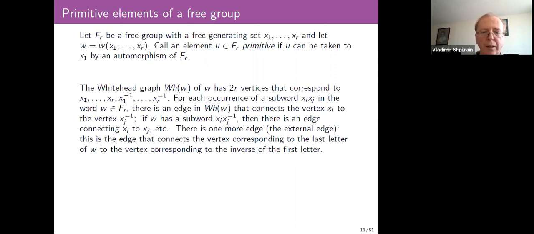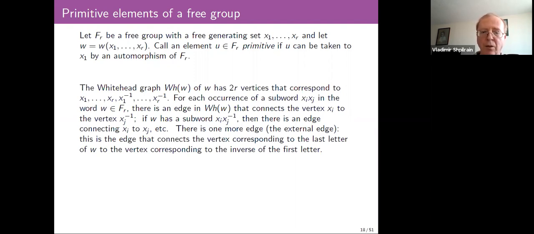Then let's define the Whitehead graph of an element of a free group. It has 2r vertices corresponding to our r generators and their inverses. So the number of vertices is fixed.